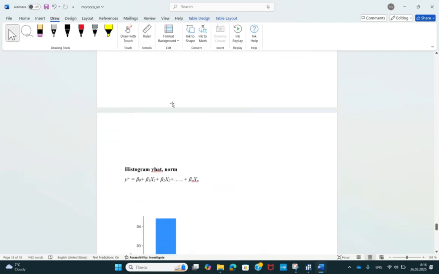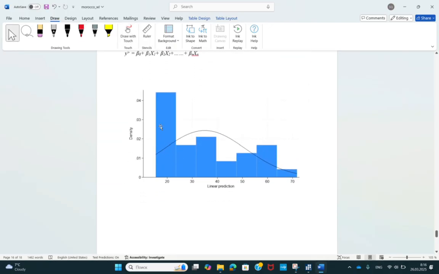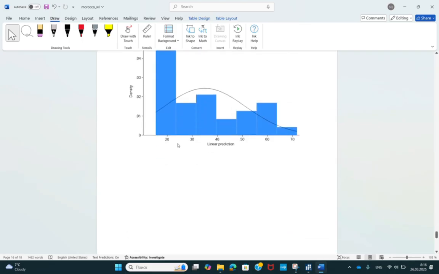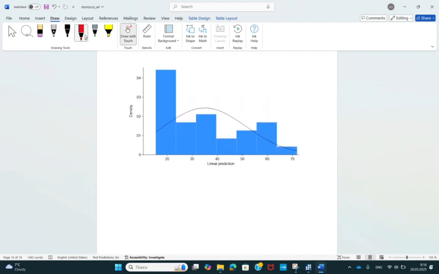This is skewed to the left. It means e equals y minus y hat of our result. Here is our result. We skew to the left, and it's not bell-shaped.